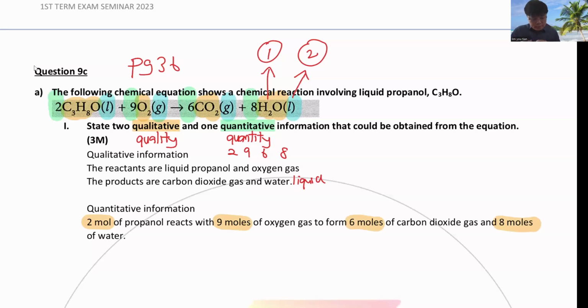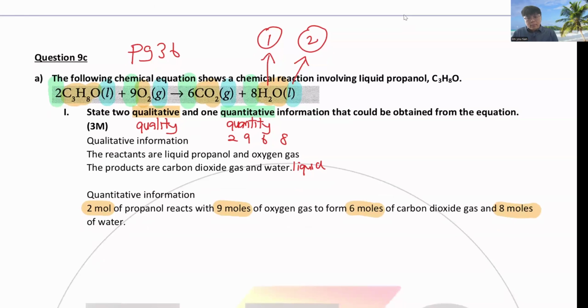Yeah, this one, no need to do the second question because it's very similar. So if this one came out, I think it's a free 3 marks for you. But you need to write all this to get the marks. 2, 9, 6, 8, and then you must link 2 mole is propanol, 9 mole is oxygen gas, 6 mole is carbon dioxide gas, and 8 mole is water.